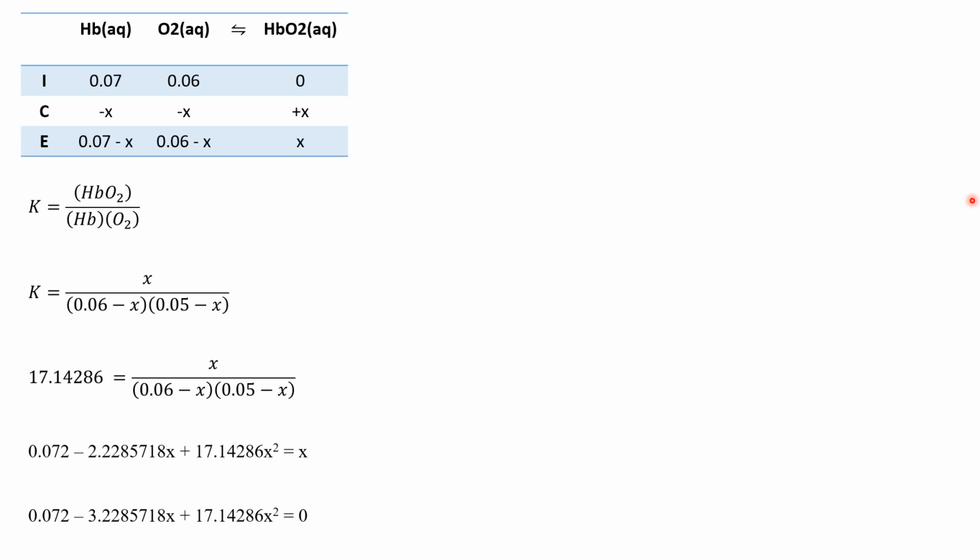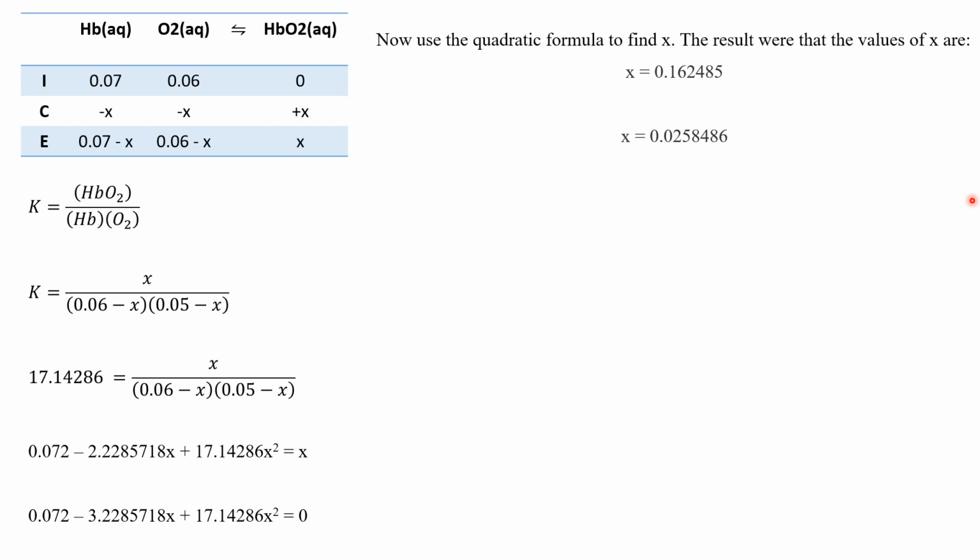All right. Now we find that our two X values are equal to 0.16 and 0.0258. Now we have to ask ourselves, both of these are positive, so which one should we use?